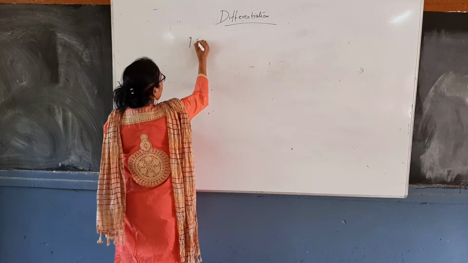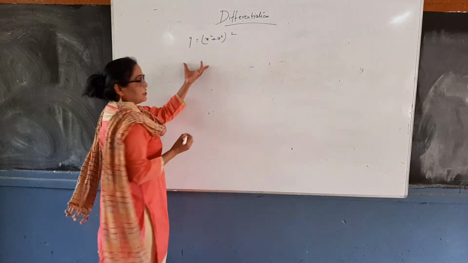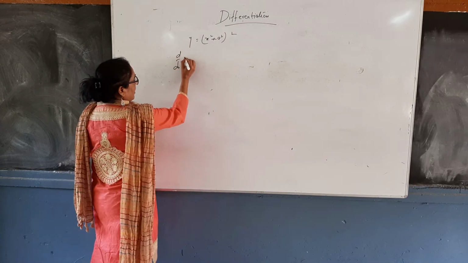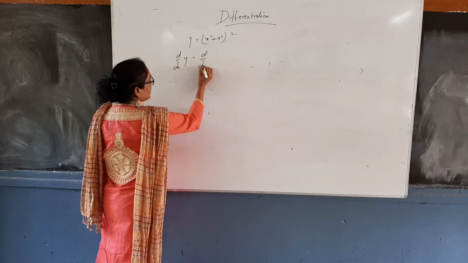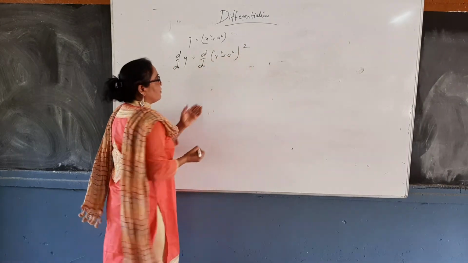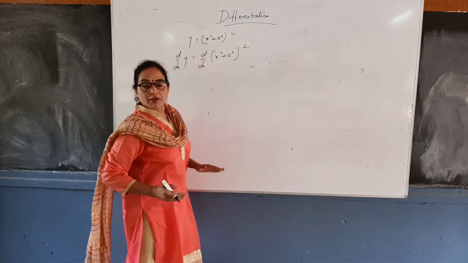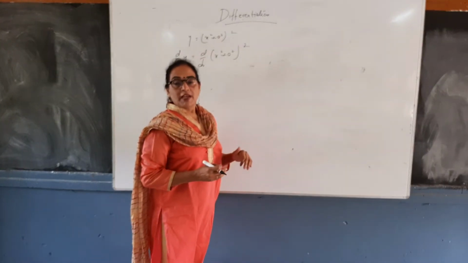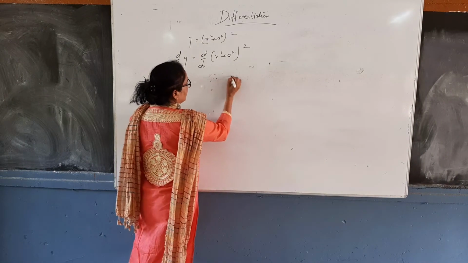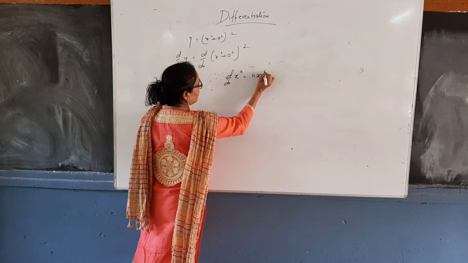If it is given y equal to x square plus a square whole square, we have to differentiate with respect to x by the direct method. So d by dx of y is equal to d by dx of x square plus a square whole square. What we will do? We will suppose this x square plus a square is a complete x, and we know that d by dx of x raised to power n is n x raised to power n minus 1.